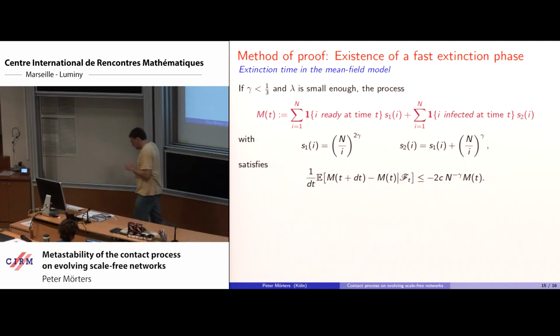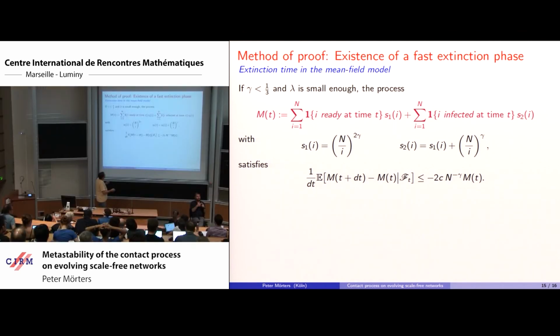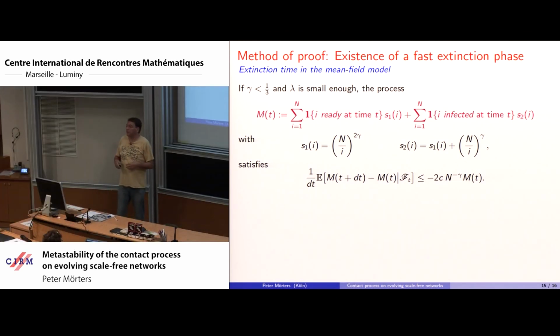Because if you are a vertex, the number of recoveries that you see before you update is of the order of the degree, and the number of vertices that you infect is also of the order of the degree. So it's like degree squared.